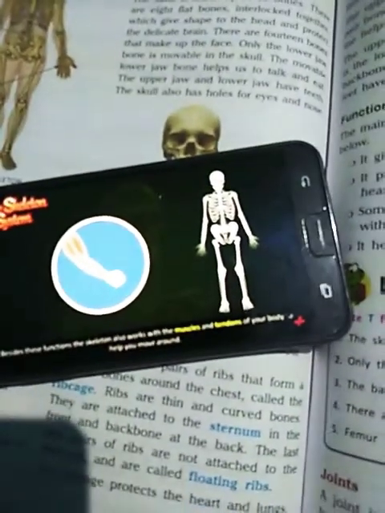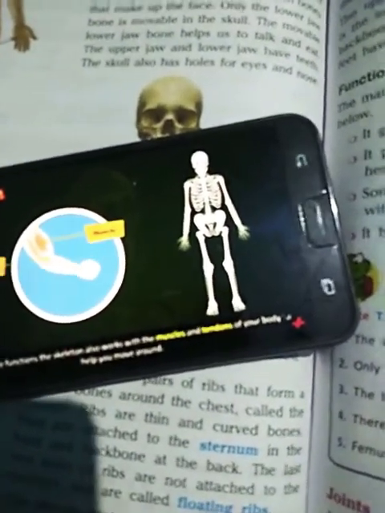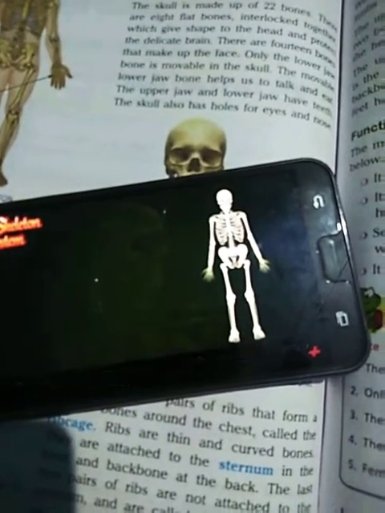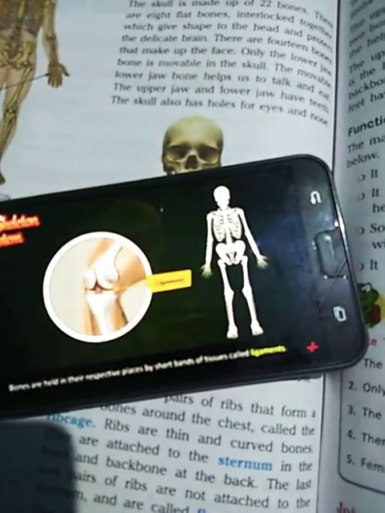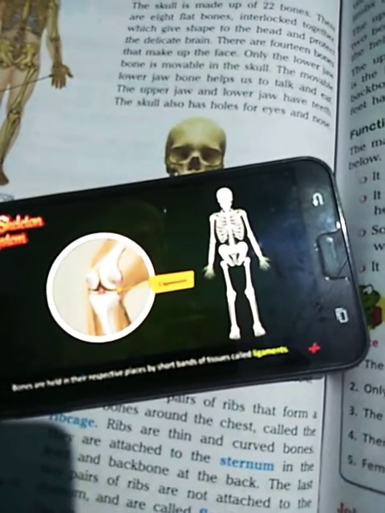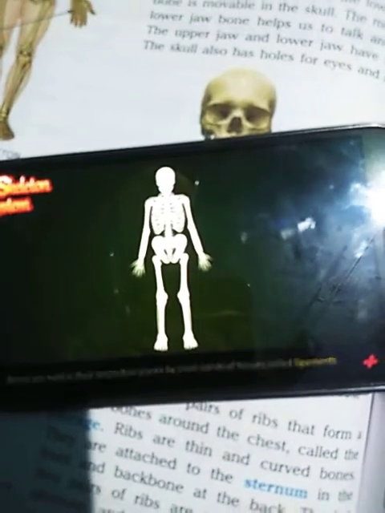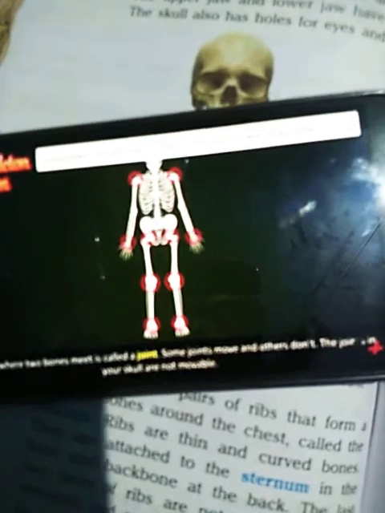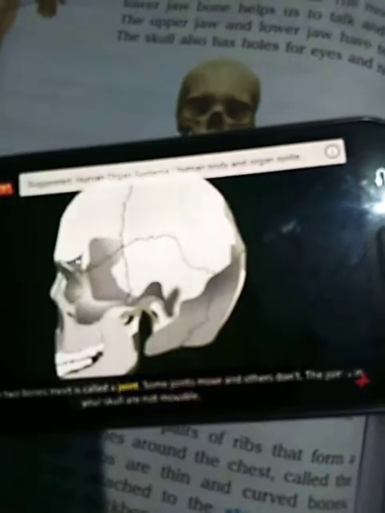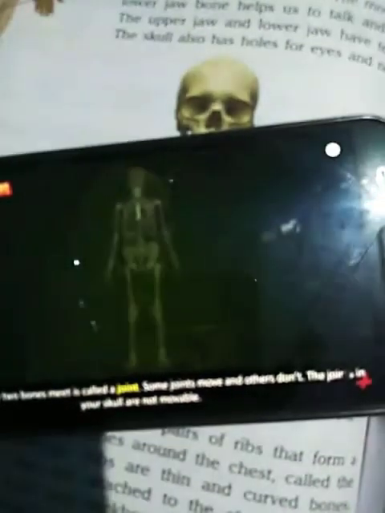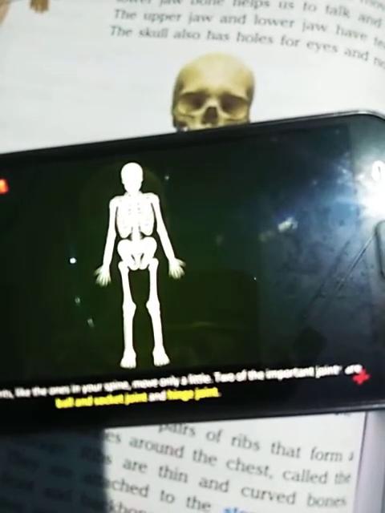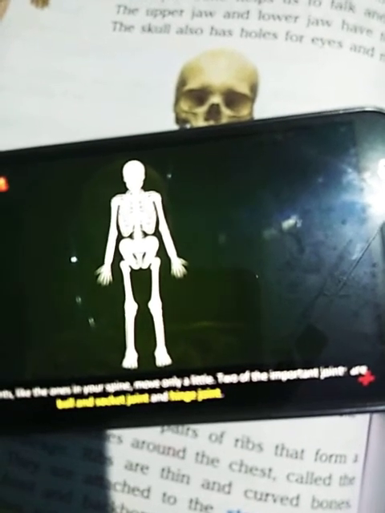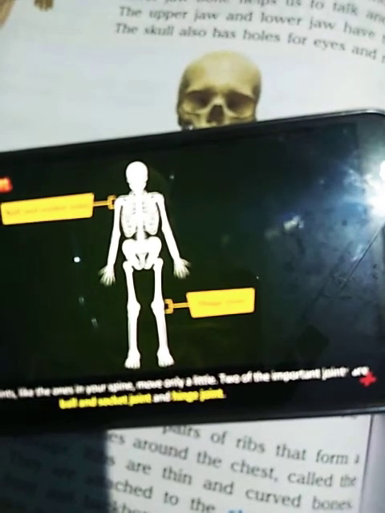Besides these functions, the skeleton also works with the muscles and tendons of your body to help you move around. Bones are held in their respective places by short bands of tissues called ligaments. The place where two bones meet is called a joint. Some joints move and others don't. The joints in your skull are not movable. Some moving joints, like the ones in your spine, move only a little. Two of the important joints are ball and socket joint and hinge joint.